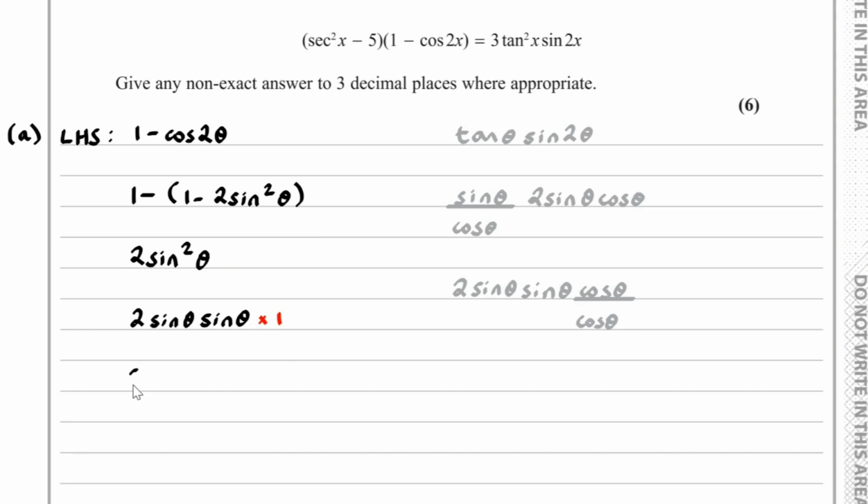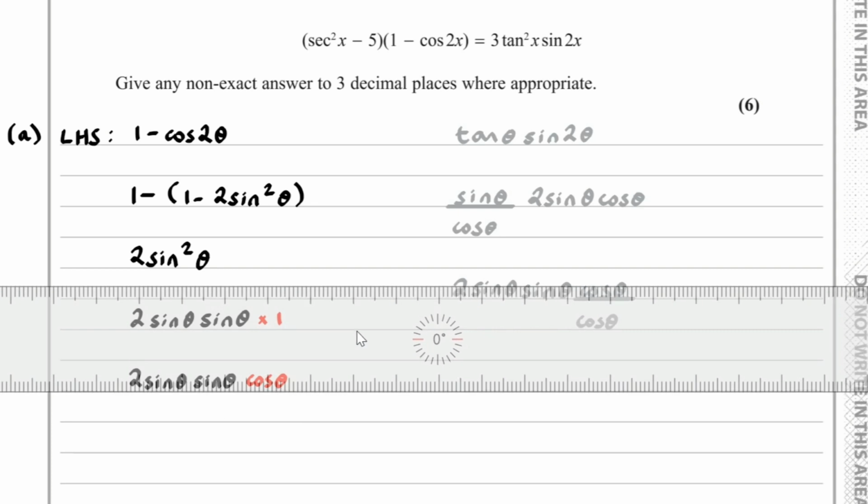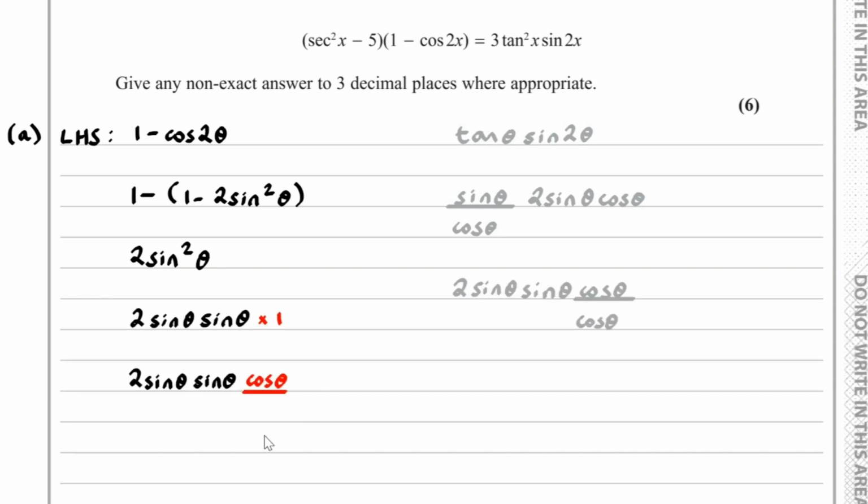So I've got 2 sin theta multiplied by cos theta divided by cos theta.